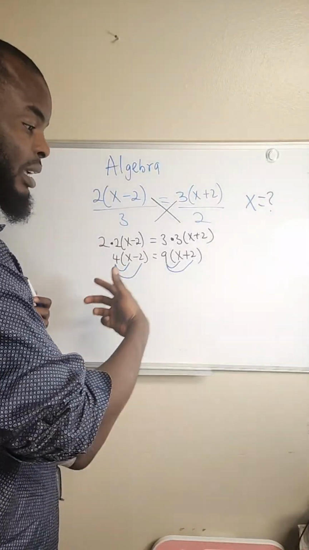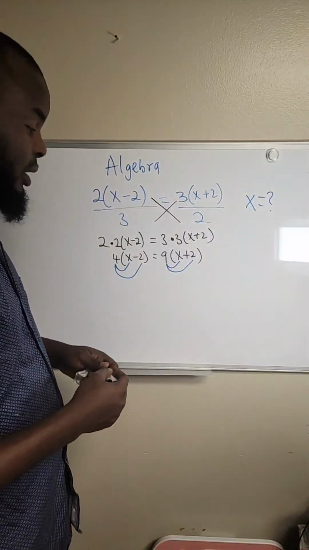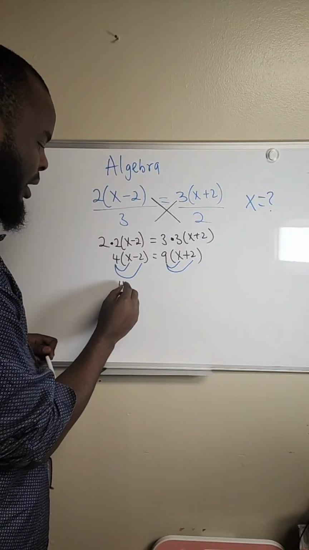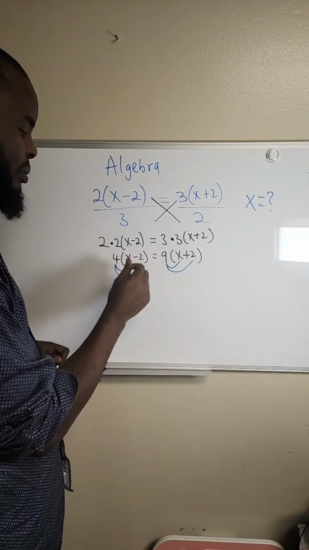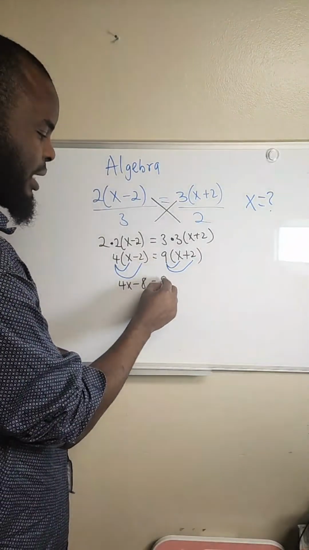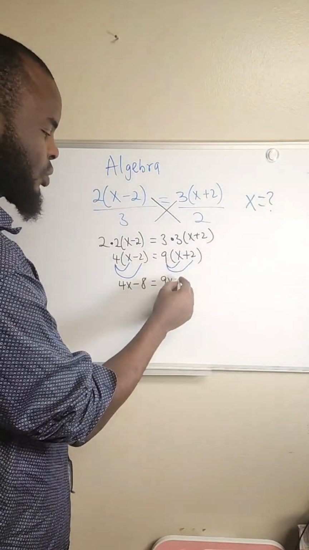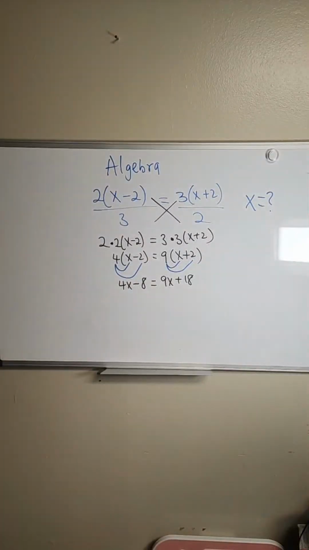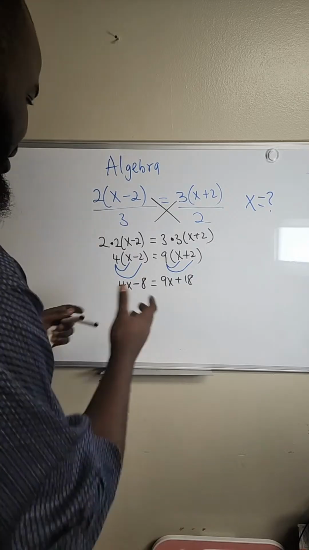So here we're going to have 4 times x, 4x. 4 times 2, 8. 9 times x, 9x. 9 times 2, 18. But you have to take note of the sign. Now, this is halfway done.